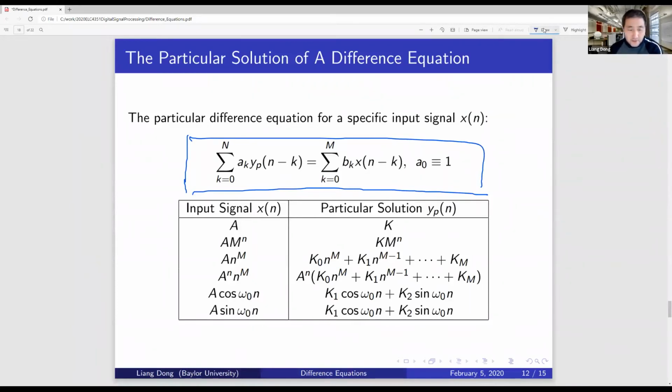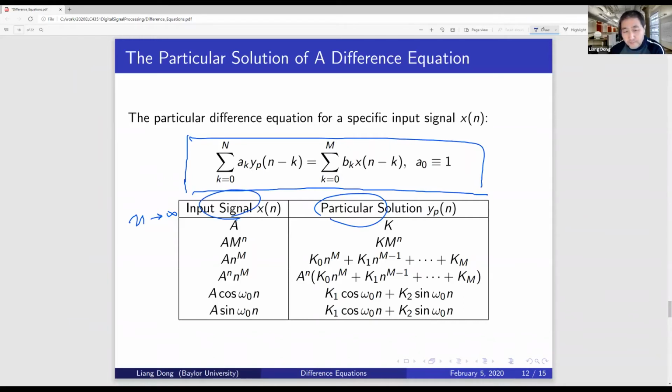The good news is that the particular solution always follows the form of your input signal. Let me say that again. The particular solution always follows the form of the input signal. After a while, when n approaching a large number, this particular solution looks like the input signal.